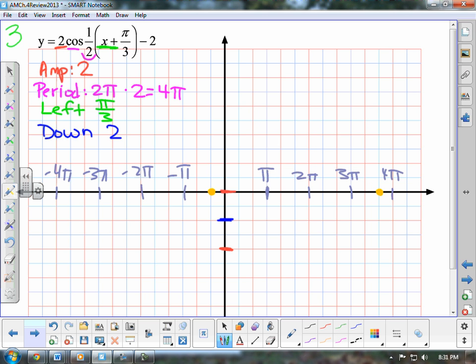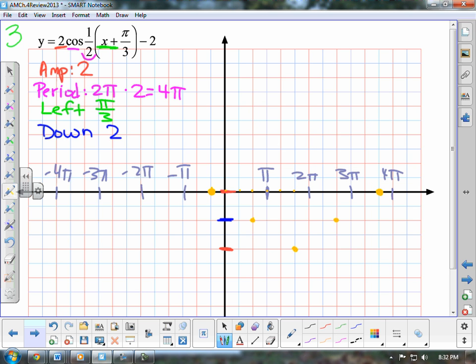Then halfway in between these two places, which is 6 marks away, it should be down at its minimum. And halfway in between the minimum and the maximum, it should be at its midline. And same thing on this side, it should be at its midline.